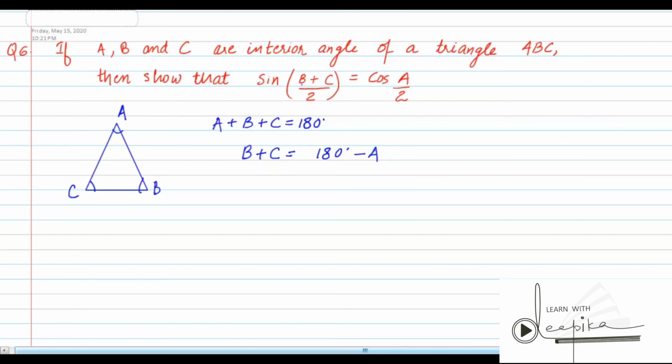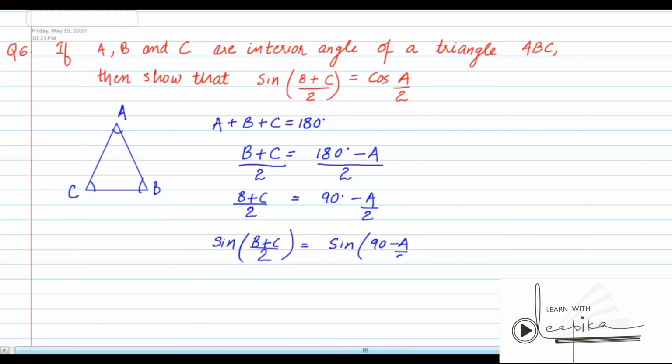As there is B upon 2, C upon 2 and A upon 2 in the question, so I'll divide the left hand side and right hand side by 2. Now B plus C upon 2 is equals to 90 degree minus A upon 2. As in the question, there is sine of B plus C upon 2, so I'll take sine of B plus C upon 2 in the left hand side and also in the right hand side, sine of 90 minus A upon 2.